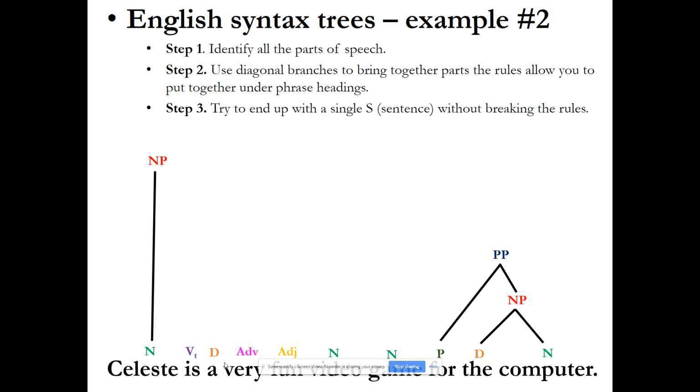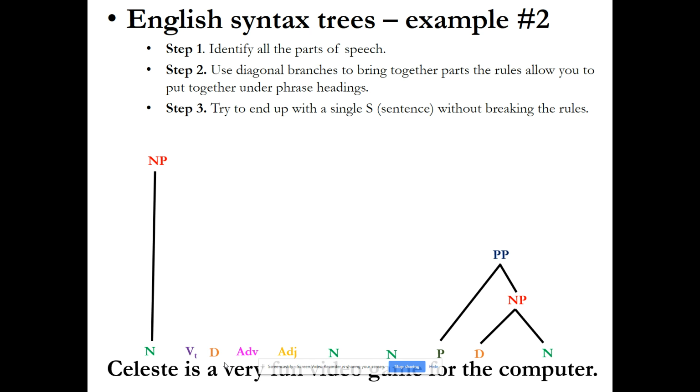Okay, so where do we look next? Well, I see a determiner. When I see a determiner, that means there's probably going to be a noun phrase, right? And so I look at the other elements there, and I see, okay, determiner, adverb, adjective, noun, noun, right? Actually, there are some things in there that can't be part of a noun phrase, right? Like an adverb. So I have to figure out how to deal with that.